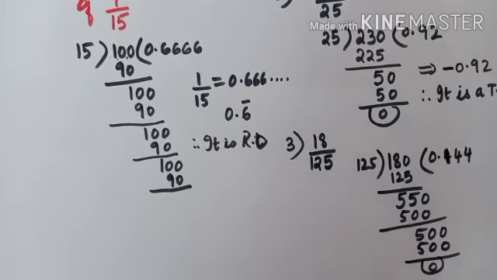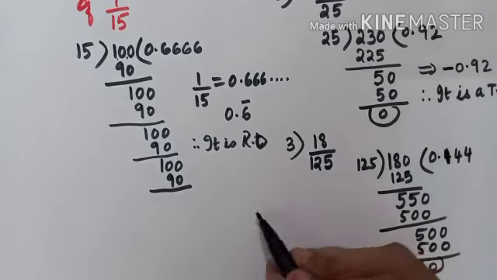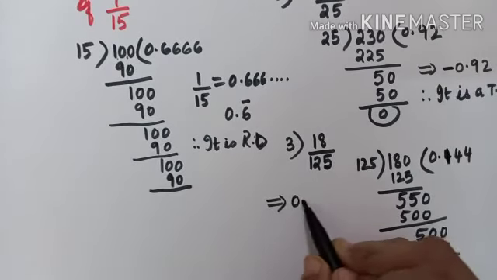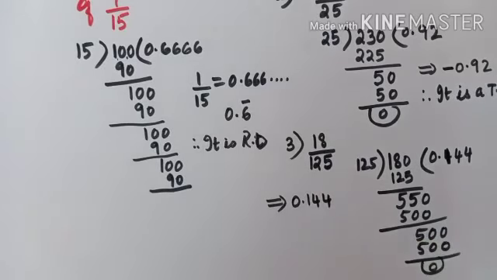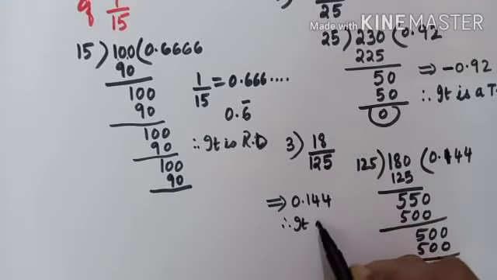Now you're getting remainder as 0. So after few steps you got the remainder 0, and your quotient is 0.144. Okay, so which type of decimal is it? It is a terminating decimal. It is not repeating here, so this is a terminating decimal.